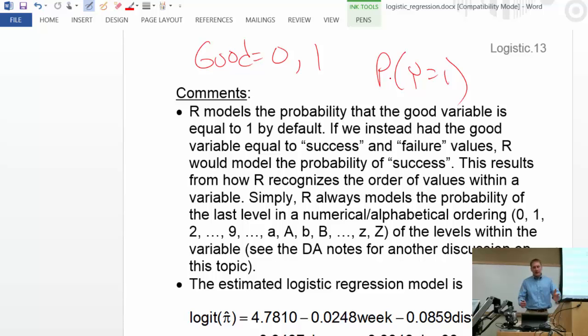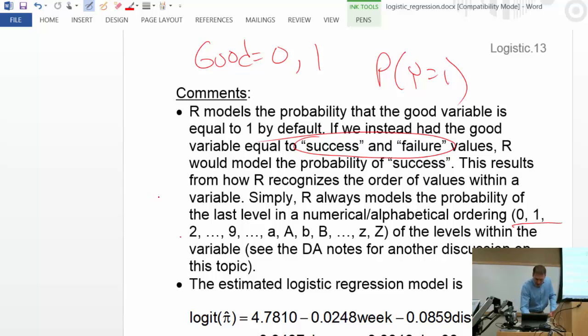But let's say instead of having the good variable equal to numerical values, suppose it was equal to character values, such as the word success and the word failure. R will still estimate the model. But how do you know that R is modeling the probability of success or the probability of failure? The way you know corresponds to how we talked about earlier in this course about how R takes into account qualitative variables.